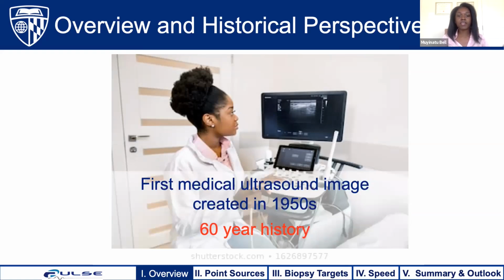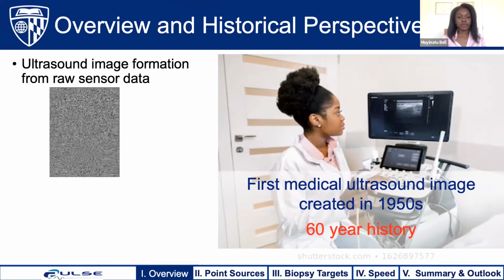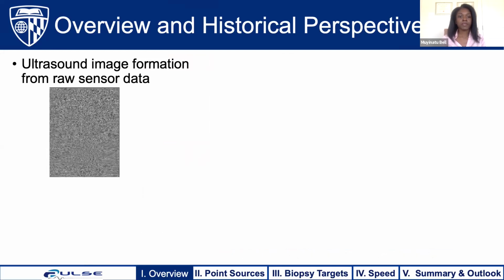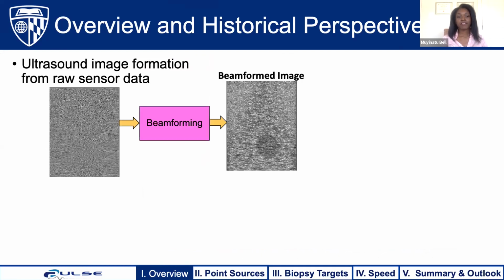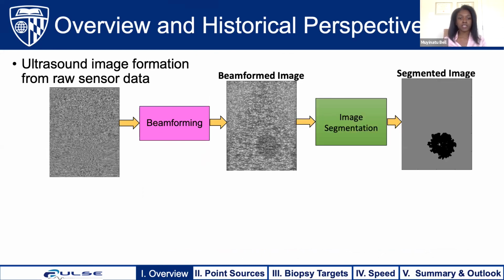Now, the first medical ultrasound image was created in the 1950s, and in the 60-year history of ultrasound up until now, all images that sonographers see on the screen start as raw data sensed by the ultrasound probe. From this raw data, we traditionally create the images that sonographers see on the screen after passing through the beamforming process. This beamformed image can then be used to segment structures of interest.